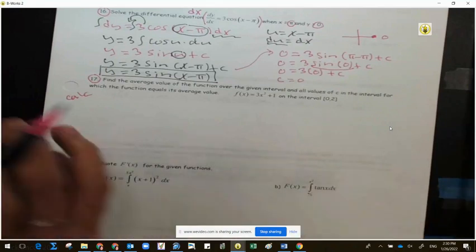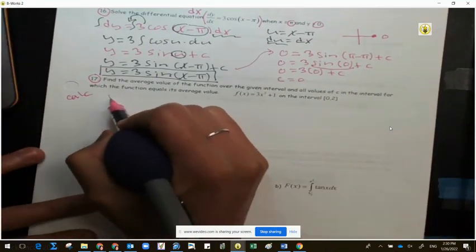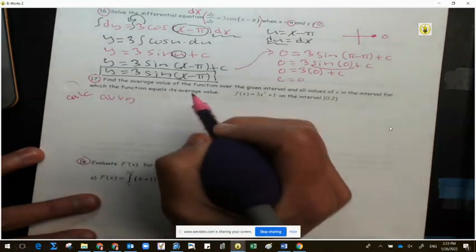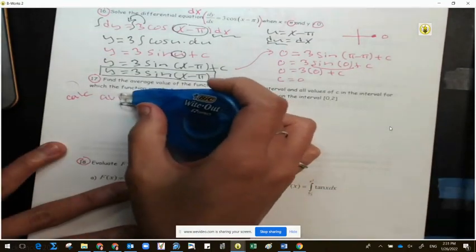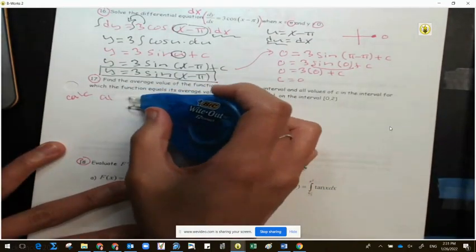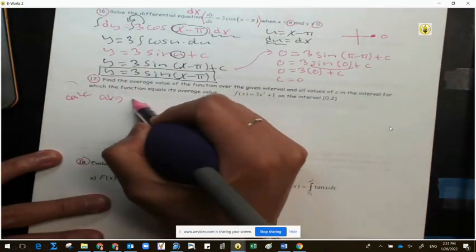So I'm going to write on here what's going to happen. So our average value says the following. Let's write out average value.